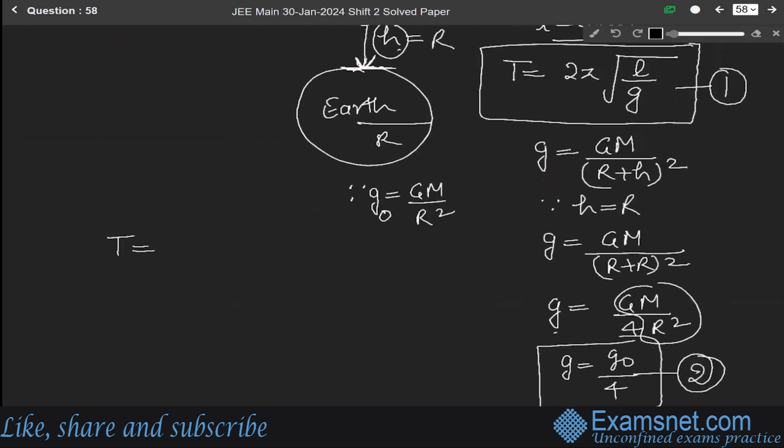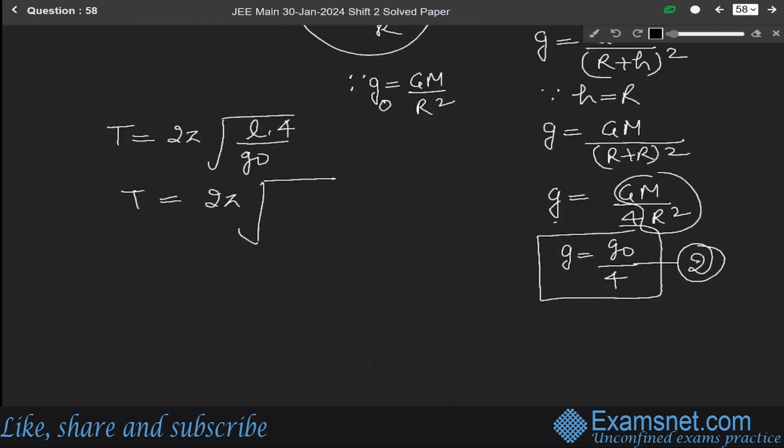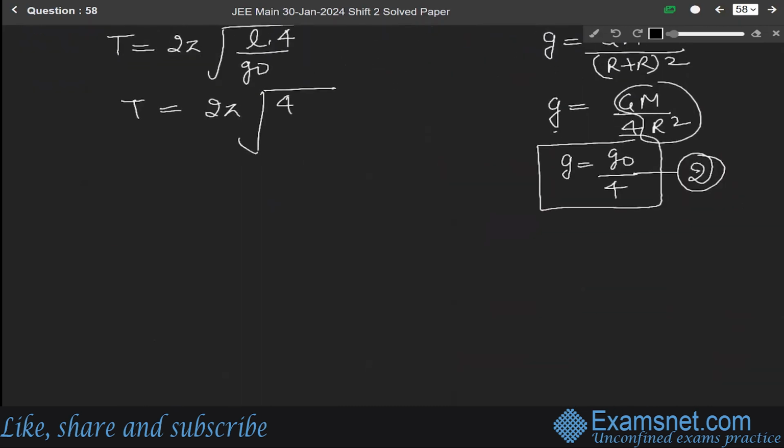So we get T is equal to 2 pi under root L over G naught by 4. So T will become 2 pi under root, and length L is given as 4 meter. So it will be equal to 4 into 4 over G naught.